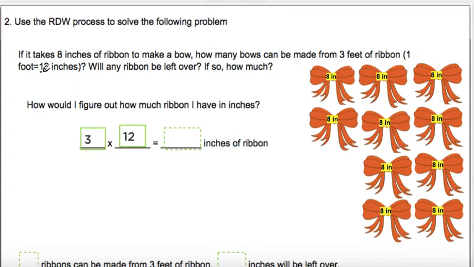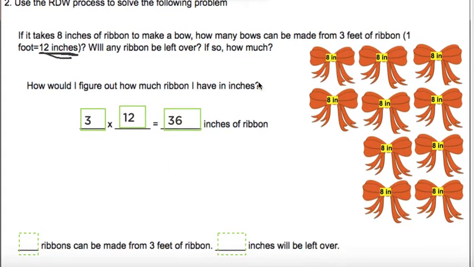Because I know that 1 foot equals 12 inches. I have 3 feet, so I'll be multiplying 3 times 12 in order to figure out how many inches I have altogether. And what's 3 times 12? Good job. Yeah, 36.